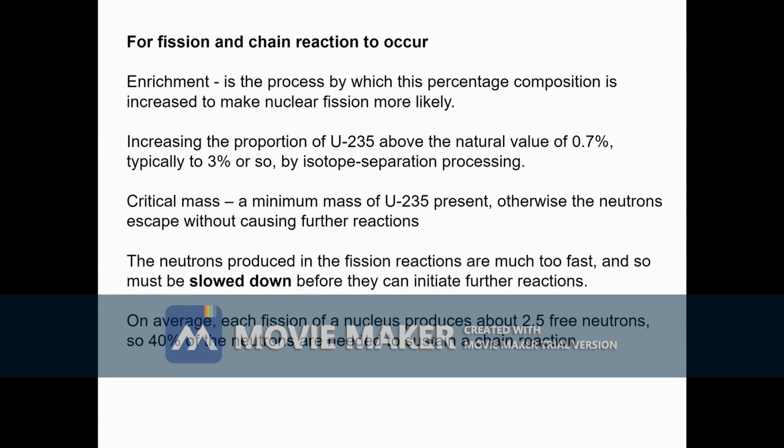Typically, each fission of a nucleus produces about 2.5 free neutrons, and for the reactions to continue, we need one free neutron. So 40% of the neutrons are needed to sustain the chain reaction.